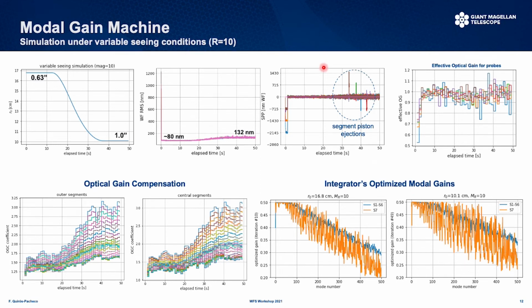It's also important to note that as the seeing got worse, we started to see some segment piston ejections from the first channel, and these ejections were promptly recovered by the second channel simulated in the simulation.